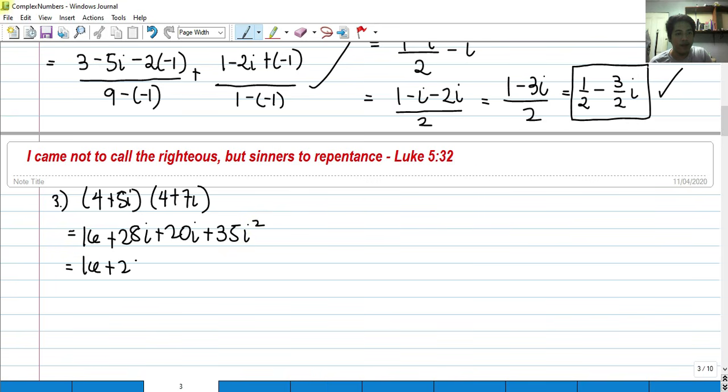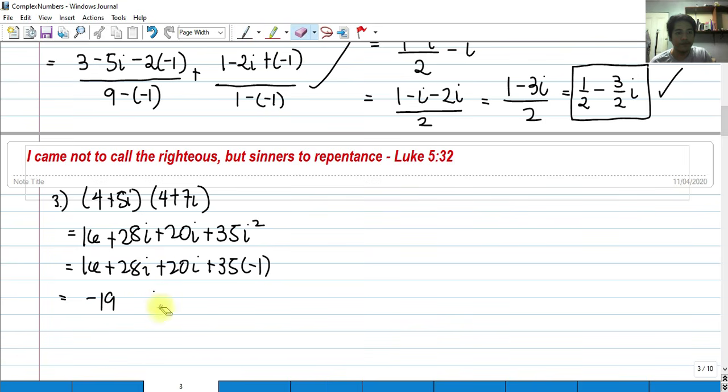Remember again that i squared is equal to negative 1. So we have 16 minus 35, because 35 is multiplied by negative 1, so that becomes negative 19.